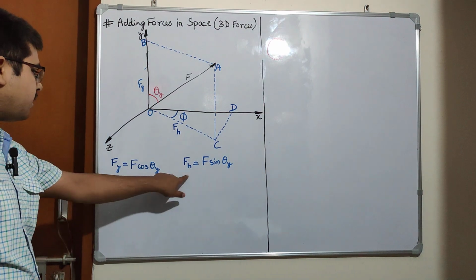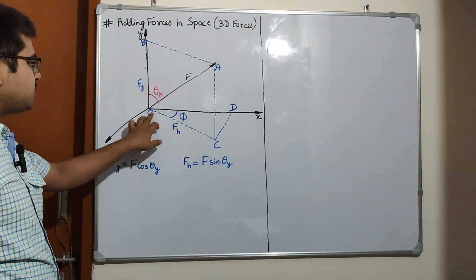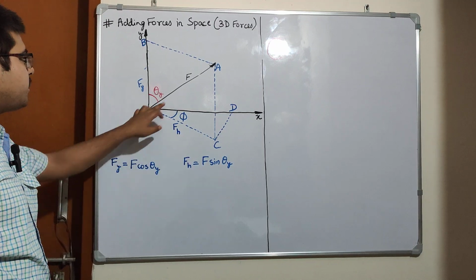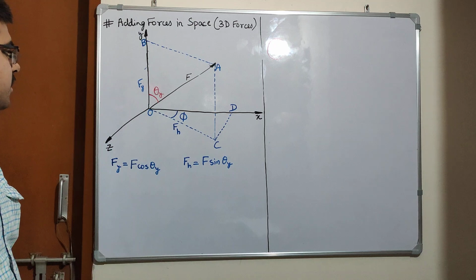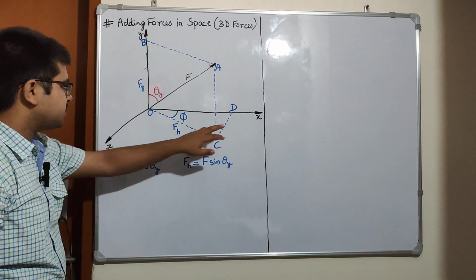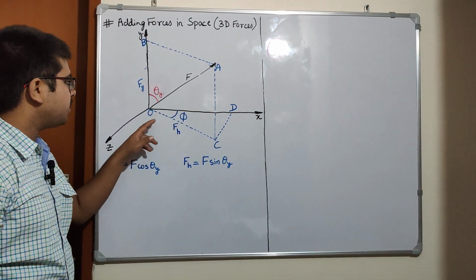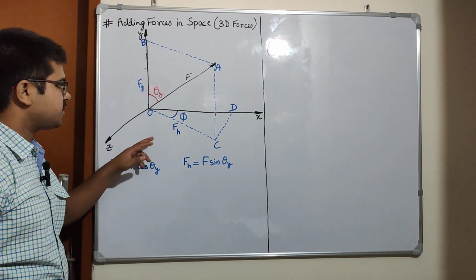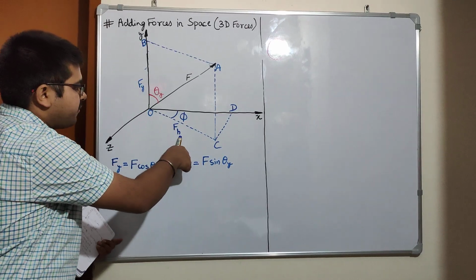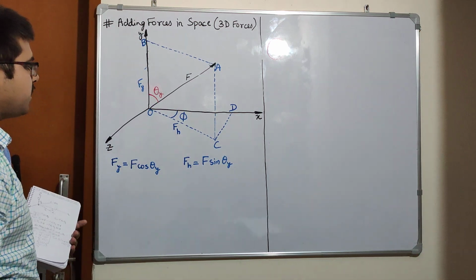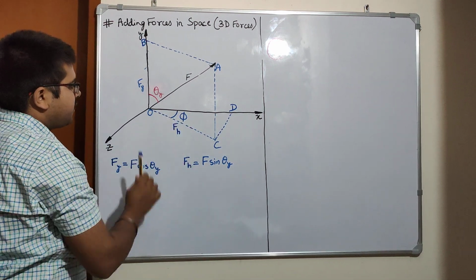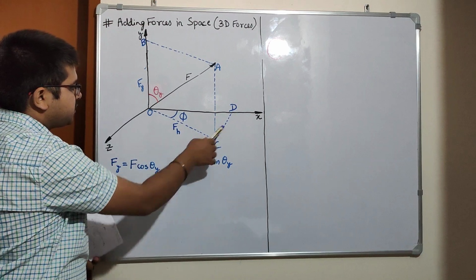So we have Fy and Fh. Fh is the component of force in the xz plane, but we don't want the component of force in the xz plane, we want its rectangular components. So we will resolve this Fh into two components, and that would be Fh cos phi and Fh sin phi.